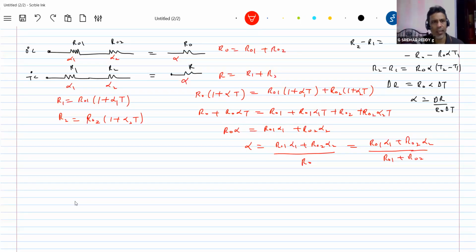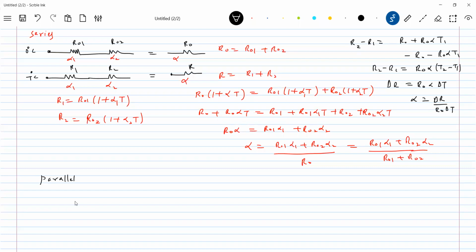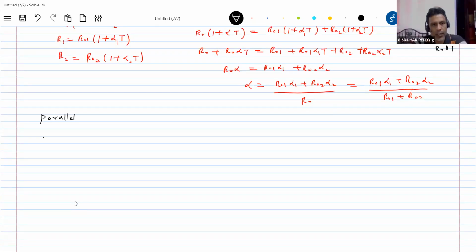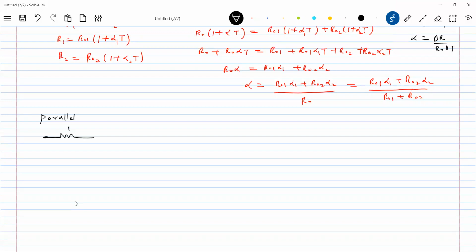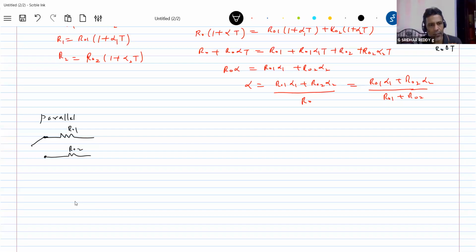They were in series; now if they are parallel, they are initially connected in parallel and I'm going to replace them with an equivalent resistance.